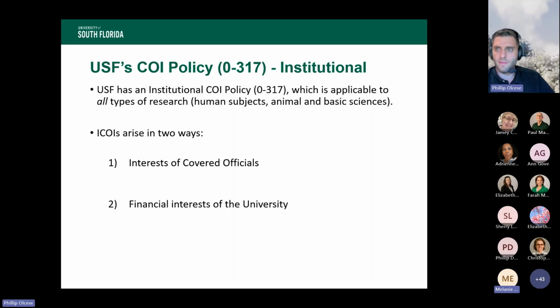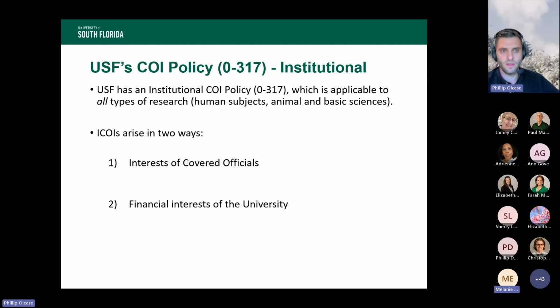And USF COI Policy 317, institutional. Our institutional COI Policy 317 applies to all types of research. This may be human subjects, basic science, animals. And these institutional COIs may arise in two ways.